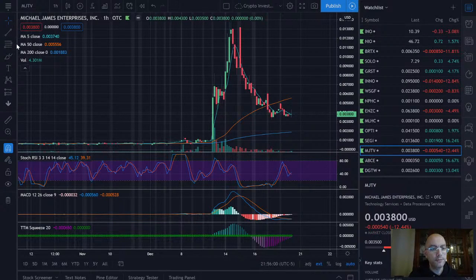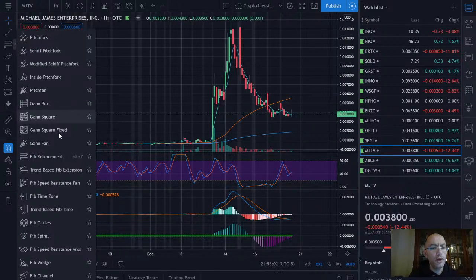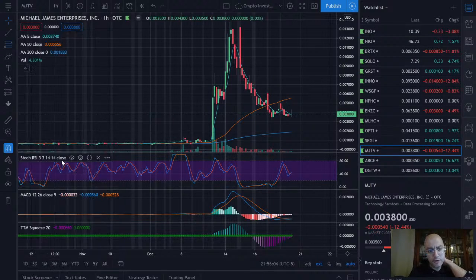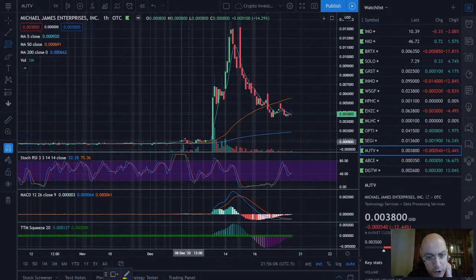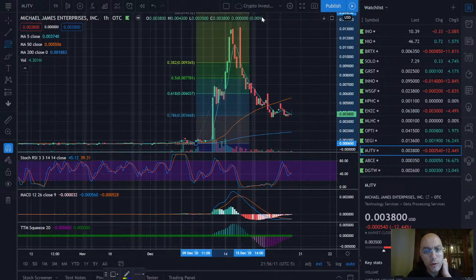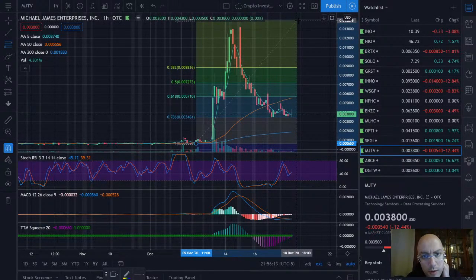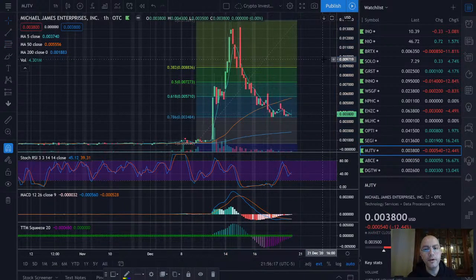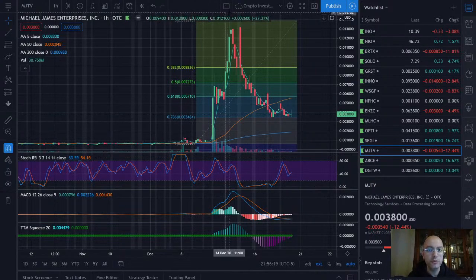If you want to know how far something is going to retrace, you draw the Fibonacci just like this. This is the swing low. This is the swing high, and here you go. That's it. Swing low, swing high. Okay, and now you know how much it's retraced.